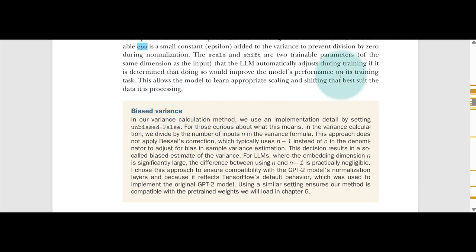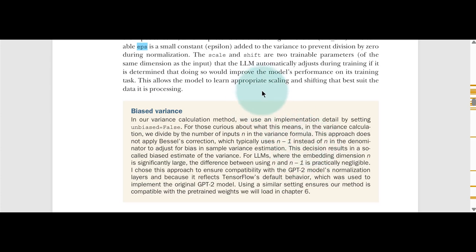And he says bias variance. This is just from statistics. It says in our variance calculation method, we use the implementation detail by setting unbiased equal to false. That means from statistics, sometimes when we calculate the variance, we use n minus 1, but we also use n.